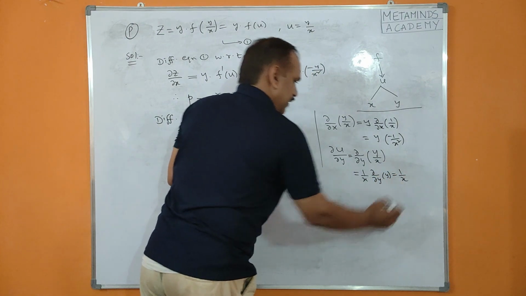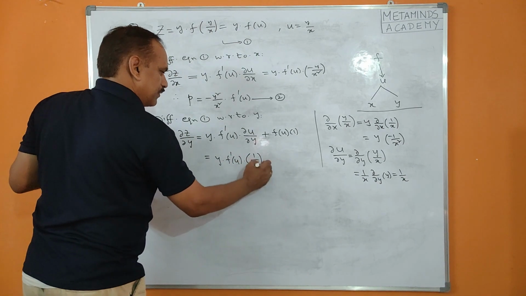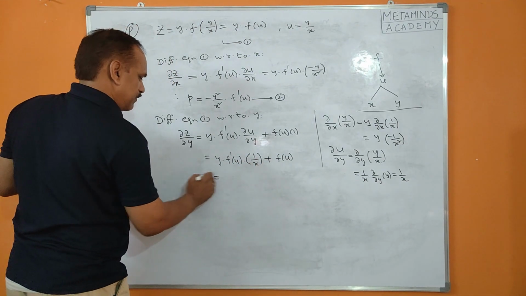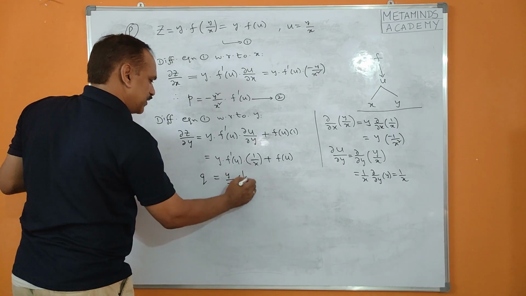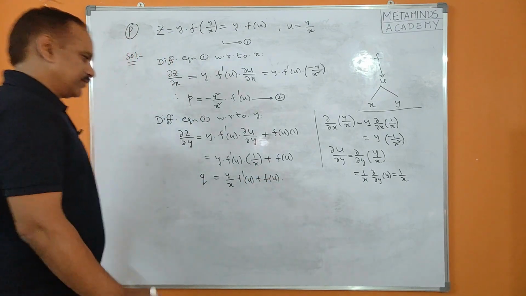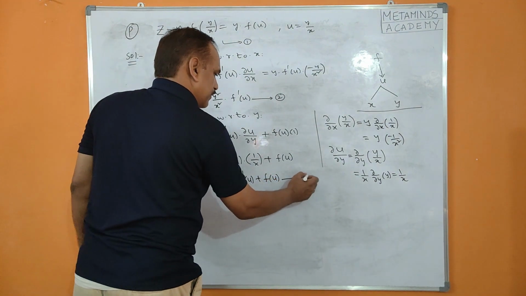So it is 1 by x plus f of u. So it is q equal to y by x into f dash u plus f of u. This is equation number 3.